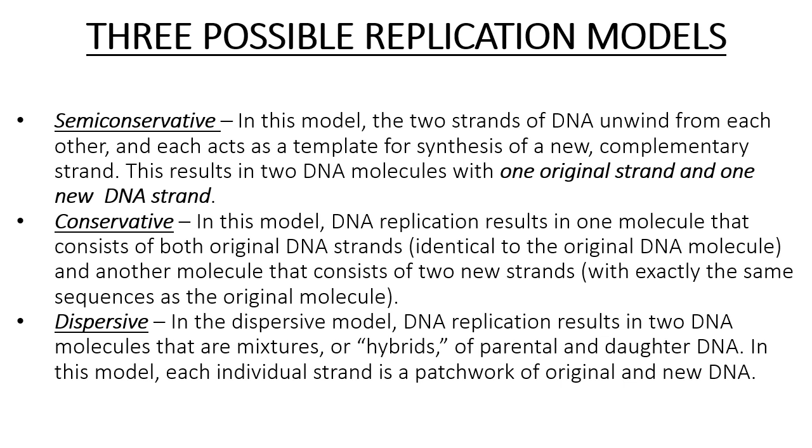As the name shows, dispersive, multiple units are dispersed with old and new ones. They are dispersed in each other. So that model shows hybrid DNA. In this model, DNA replication results in two DNA molecules that are a mixture. So that's why it's called hybrid DNA.